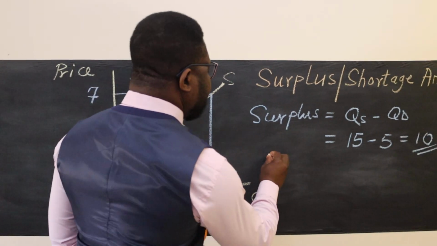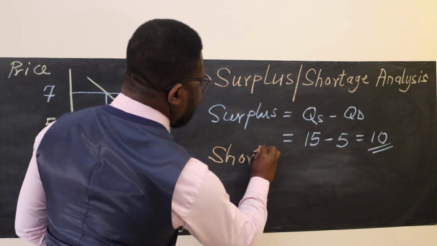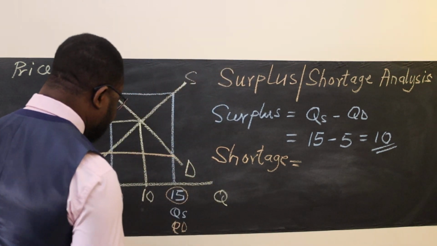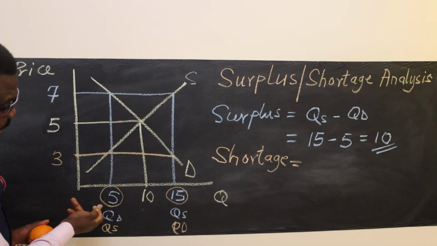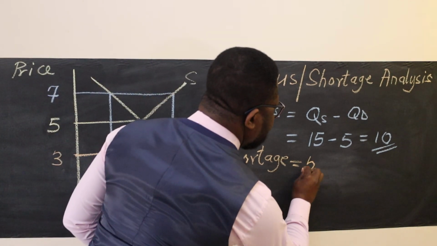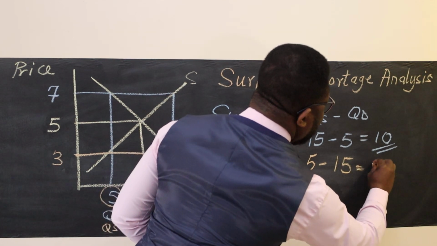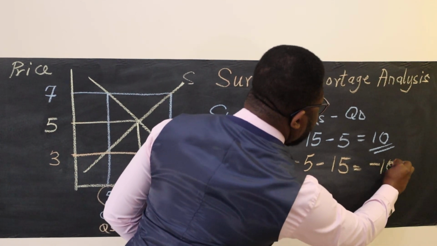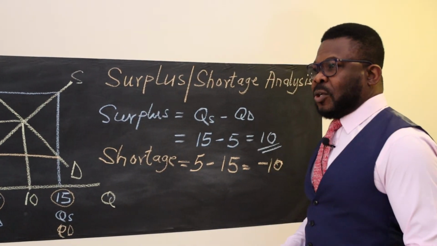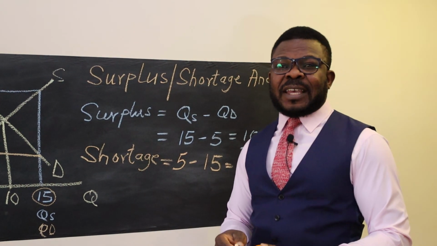For shortage, we will have 5 minus 15, which gives you minus 10, technically speaking. We don't tend to use the minus sign for shortage because it's already a shortage. When something is a shortage, it means there isn't enough in the market.